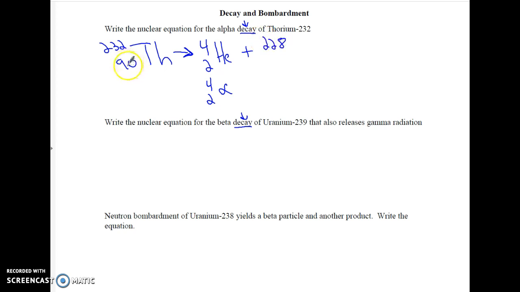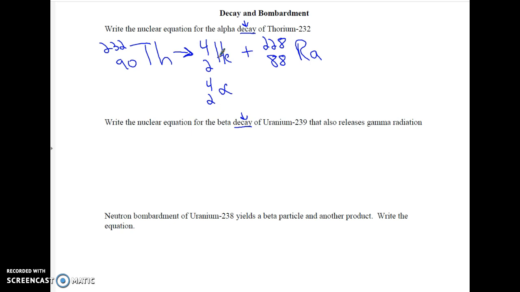The atomic number of 90, 2 of it is taken up in the alpha particle, so the other 88 is the other product. And you find 88 on the periodic table, and it is radium. Double check your work: the masses all add up, the atomic numbers all add up. It's alpha decay, you have an alpha particle as one of the products. Thorium-232 will eject an alpha particle and become radium-228.